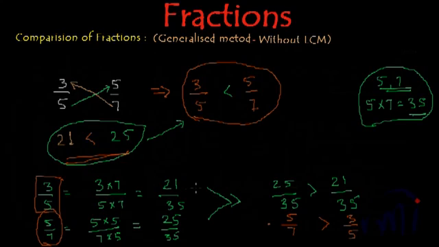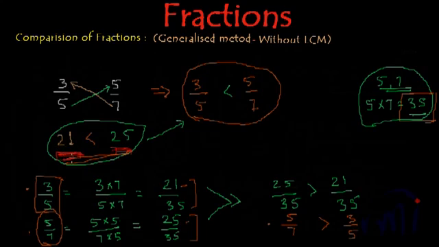If you see carefully, I have taken this example purposely because they have their denominators as prime numbers and the LCM of those denominators was simply the multiplication of those two numbers, right? So here when we were converting these fractions into equivalent fractions, we got numerators as 21 and 25, and here also the multiples which we got were 21 and 25.